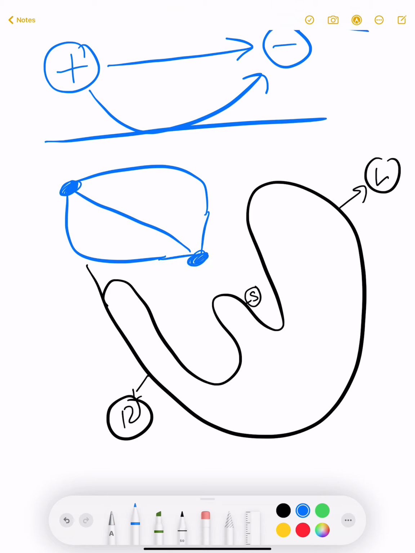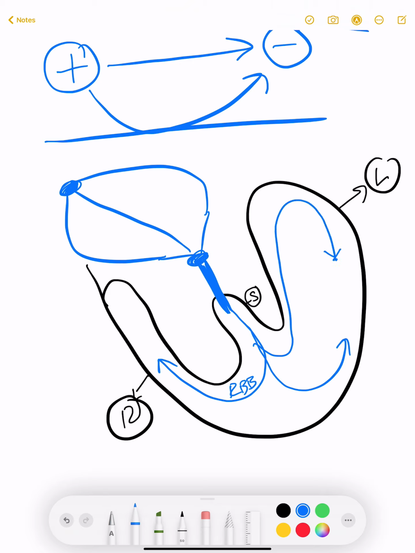It converges in the AV node, and then there is the bundle of His. It depolarizes the right ventricle with the right bundle branch, and the left ventricle with the help of the left bundle branch, which has two main divisions, the left anterior fascicle and the left posterior fascicle.